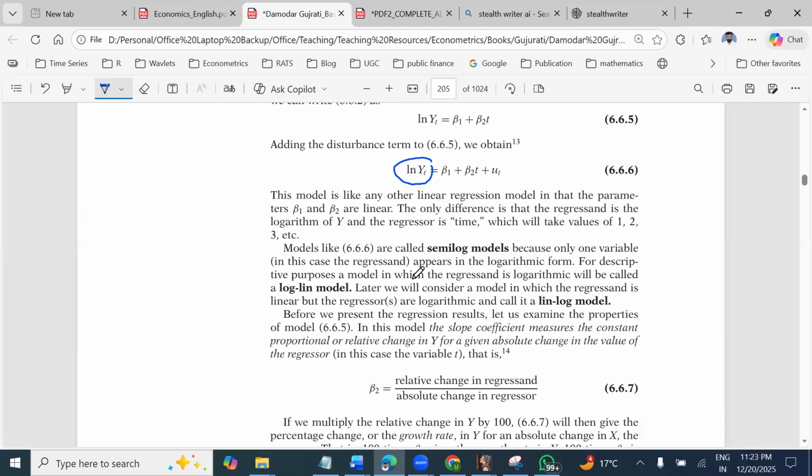Here it is clearly given: if the regressand is logarithmic, it will be called the log-lin model. Later we will consider a model in which the regressand, the dependent variable y, is linear, but the regressor is logarithmic, then it will be the lin-log model.